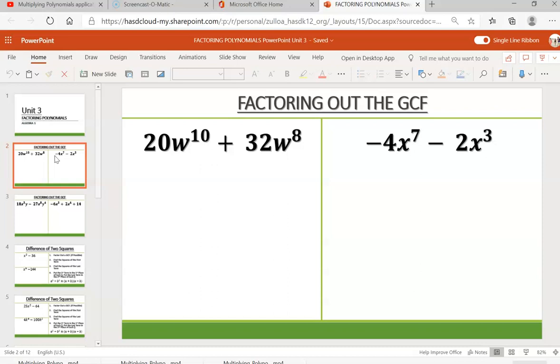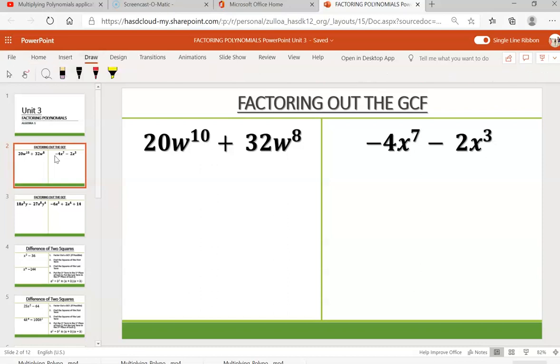Okay, so we're asked to factor out the GCF. Sometimes your directions might just say factor or factor completely. The very first thing that you should do though is always check for a greatest common factor. A nice way for us to do that is to find the factors of the numbers that are out in front.